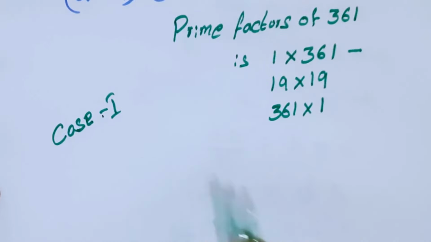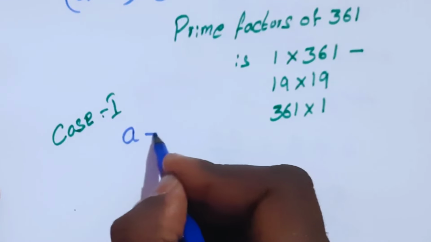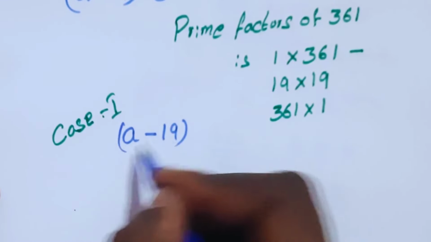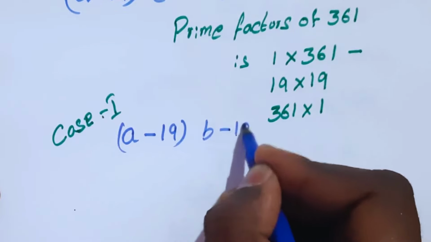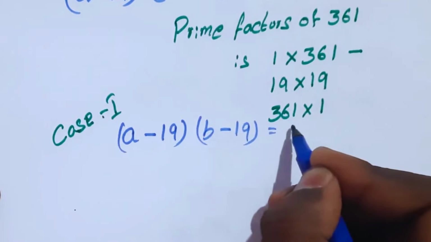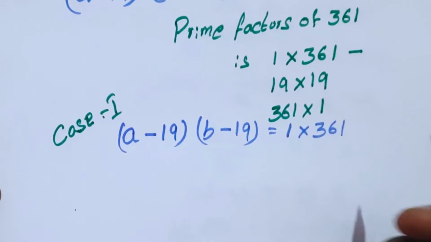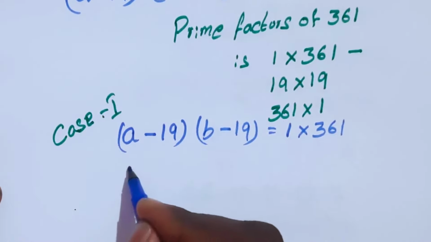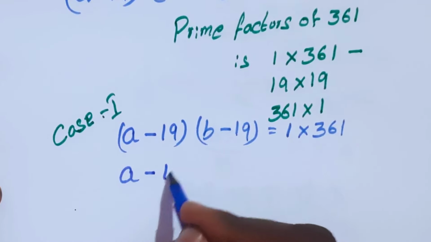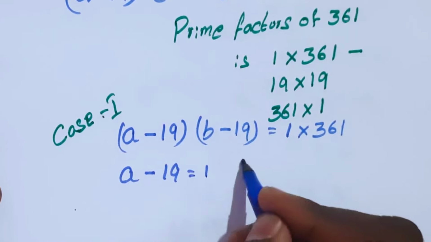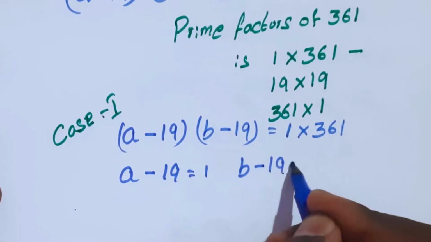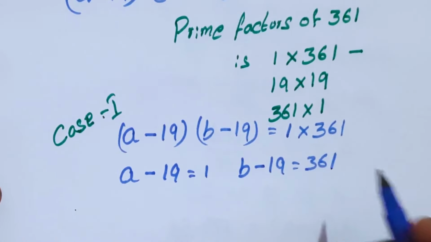A minus 19, B minus 19 equal to 1 times 361. So A minus 19 equal to 1, B minus 19 equal to 361.